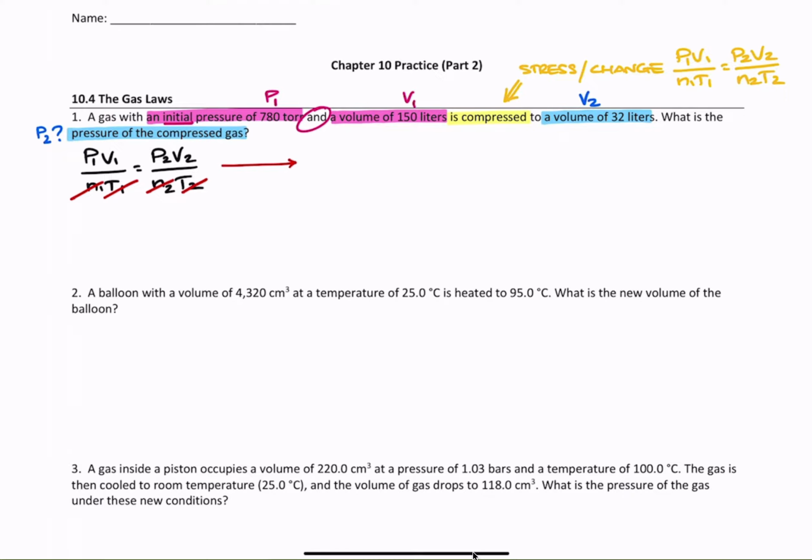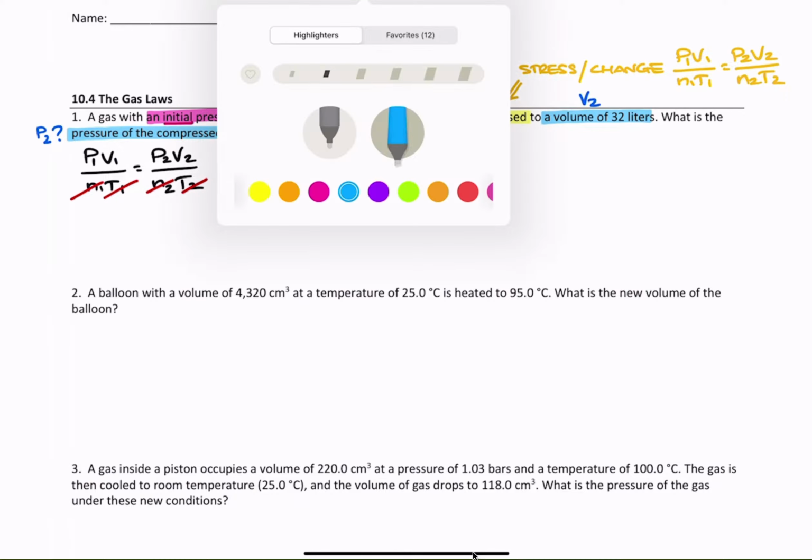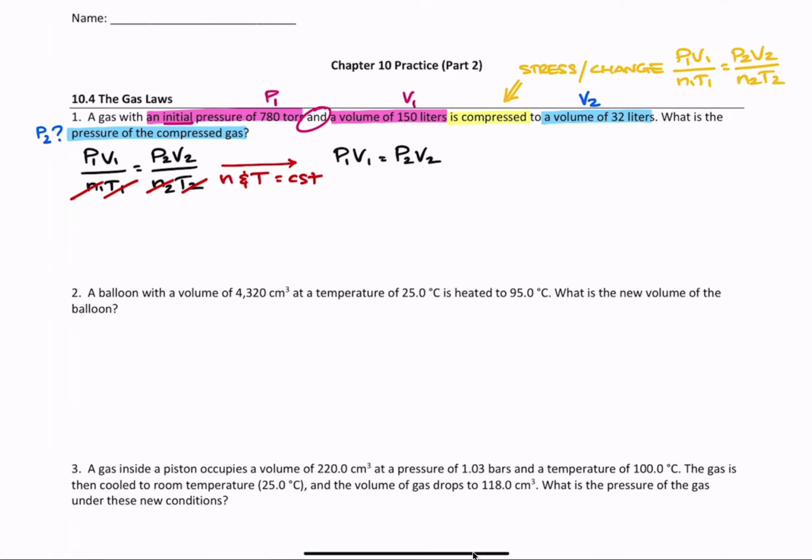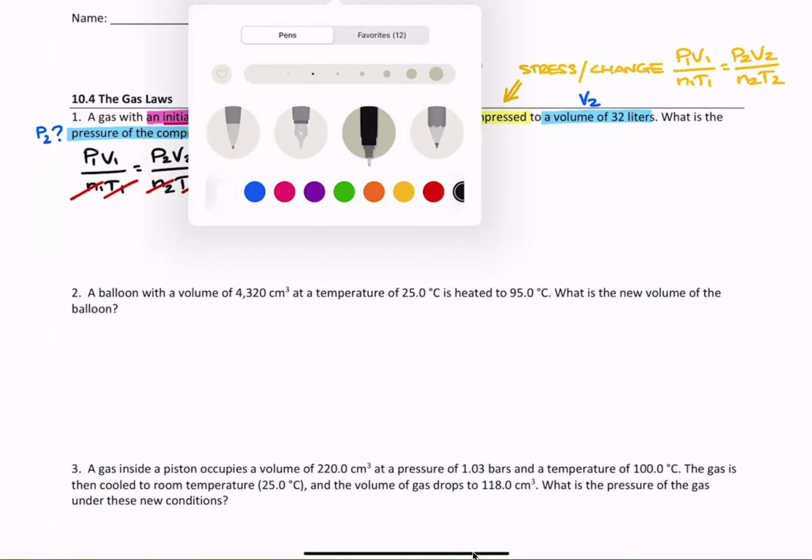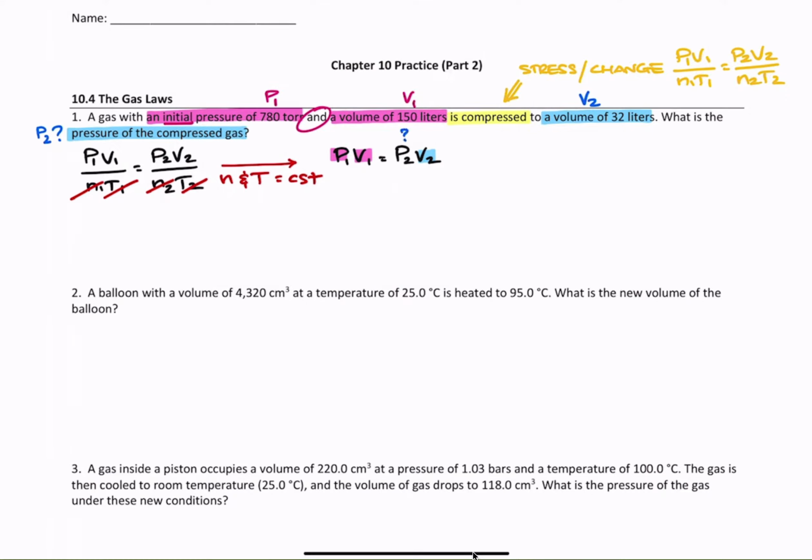Therefore, we assume that N and T are constant. We are therefore left with P1 V1 equals P2 V2. We have a P1 and a V1, and we have a V2. Therefore, we'll be looking for P2.